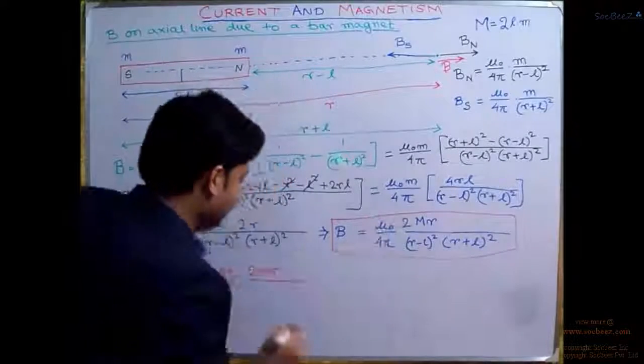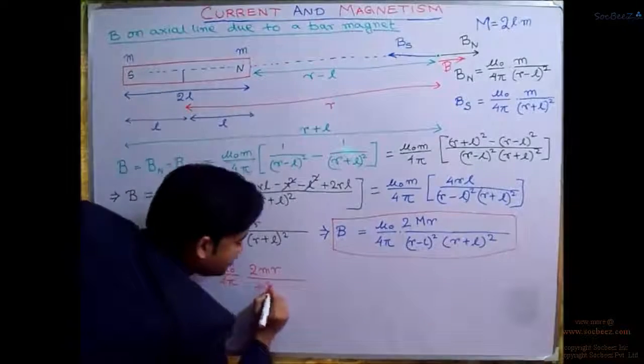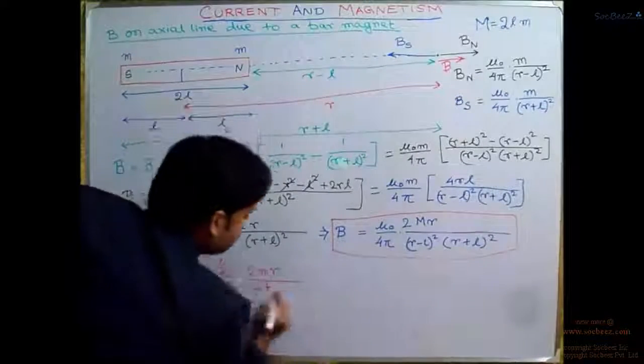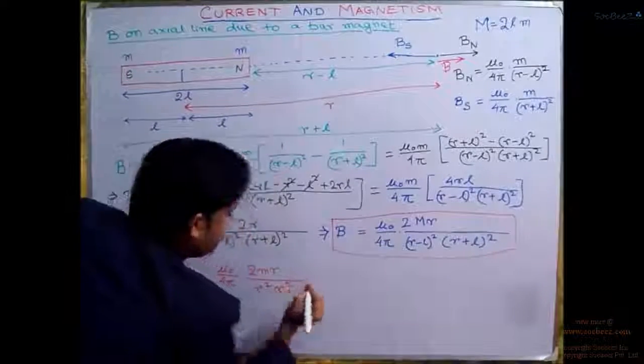So we can write it as R square, putting L as 0.